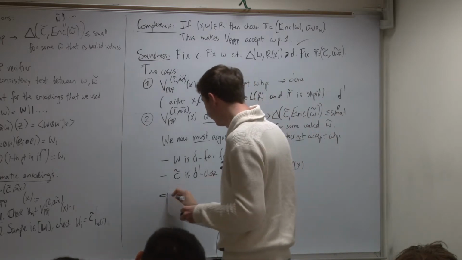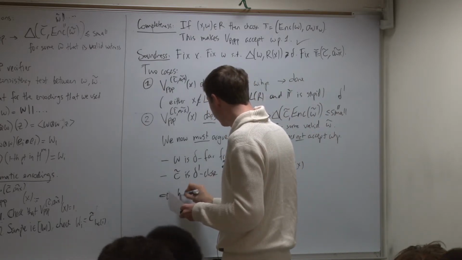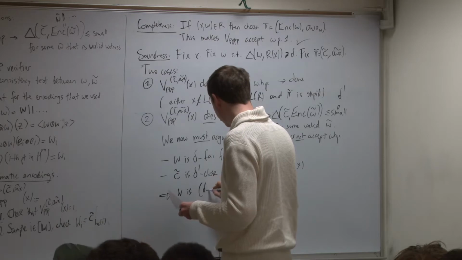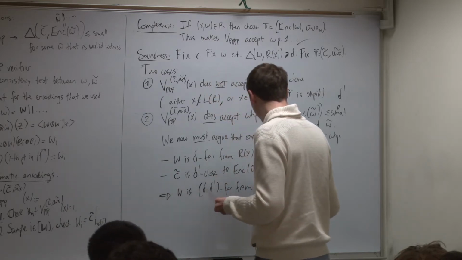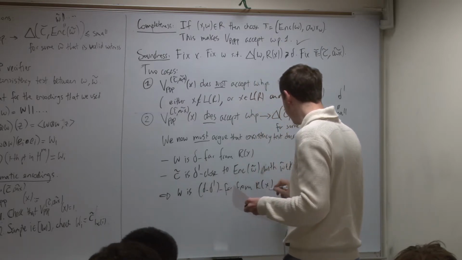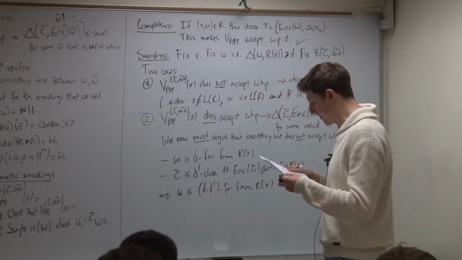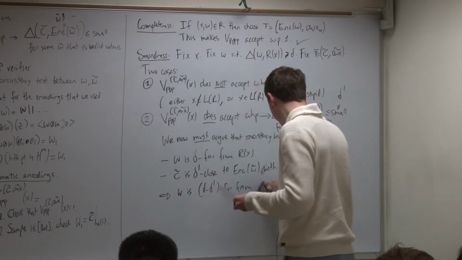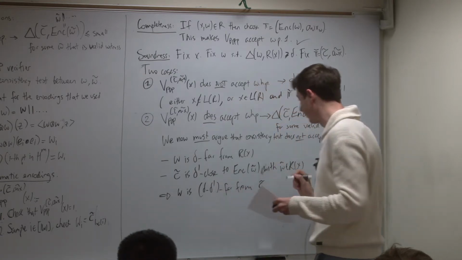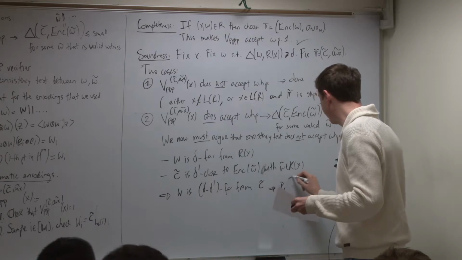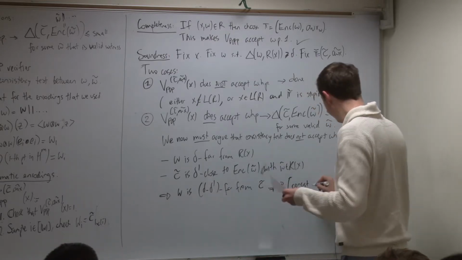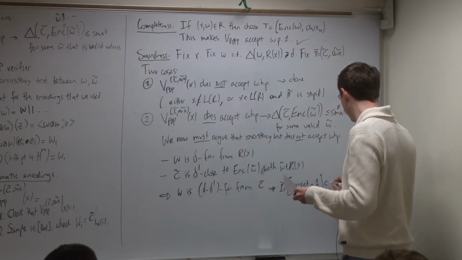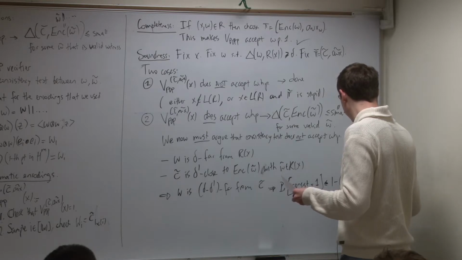And therefore, W is delta minus delta prime far from Rx. Sorry, far from C tilde. Therefore, the probability that consistency accepts is at most 1 minus delta prime.